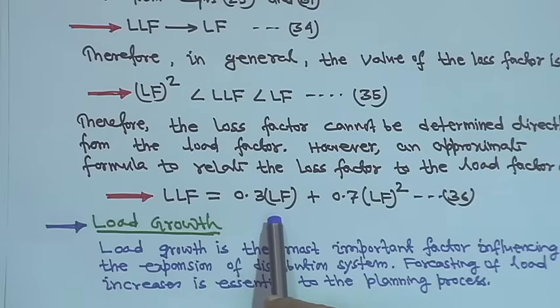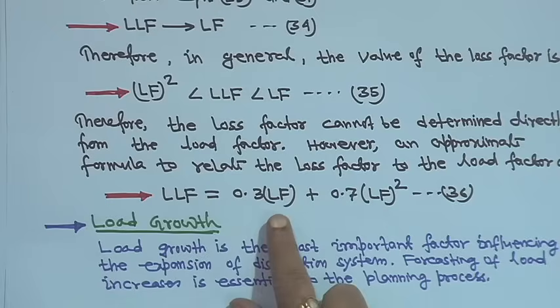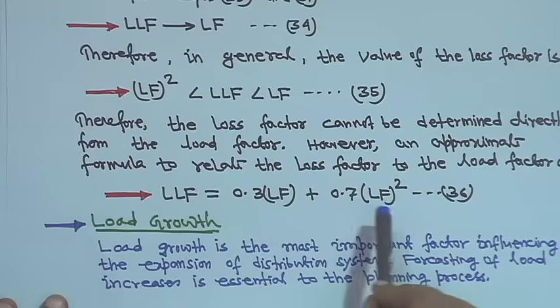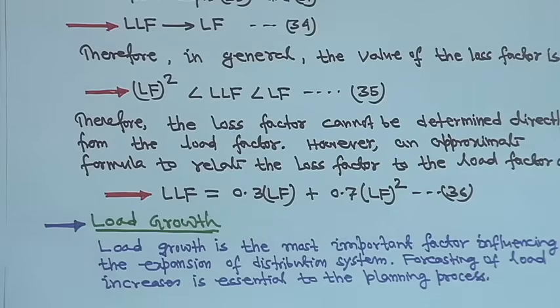This formula is quite valid, but if it is a rural feeder, in that case instead of 0.3 it becomes 0.2 into LF plus 0.8 LF square. Approximately it has been found that these equations relate well between loss factor and the load factor.